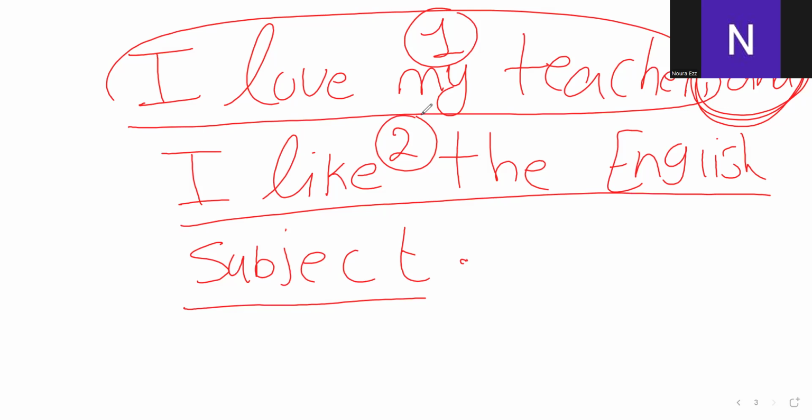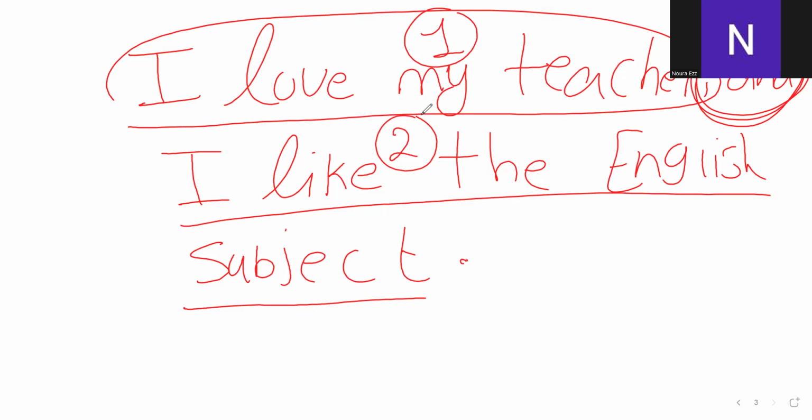What do I mean by two independent clauses? I mean I can understand the first and the second one without the other sentences. If I saw I like the English subject separately, without I love my teacher, I would be able to understand it without the other one before it.